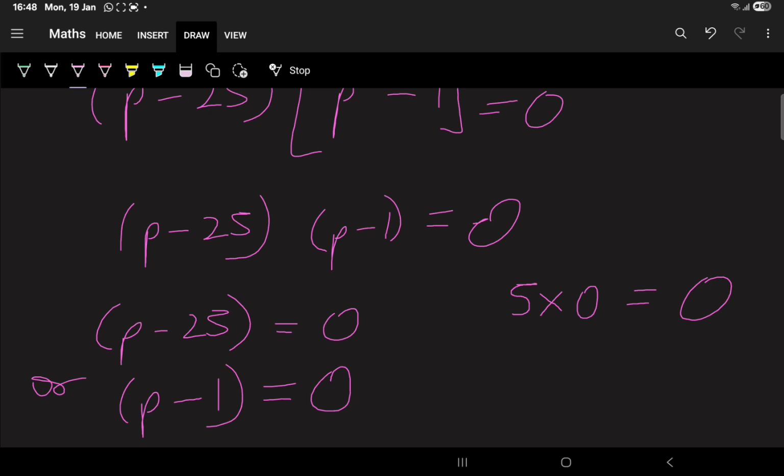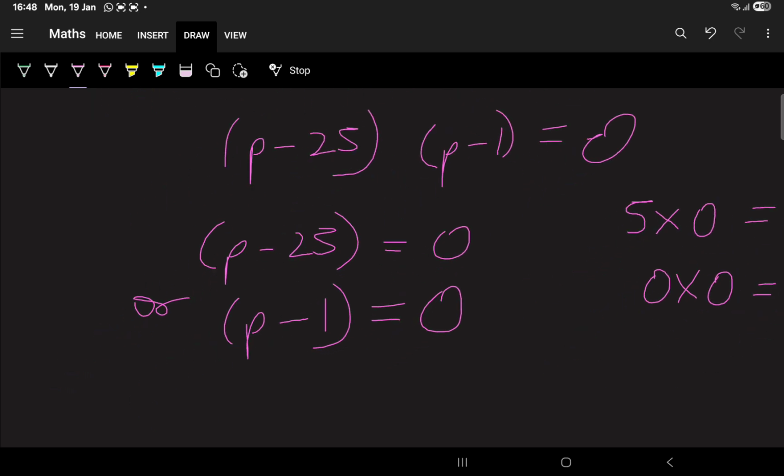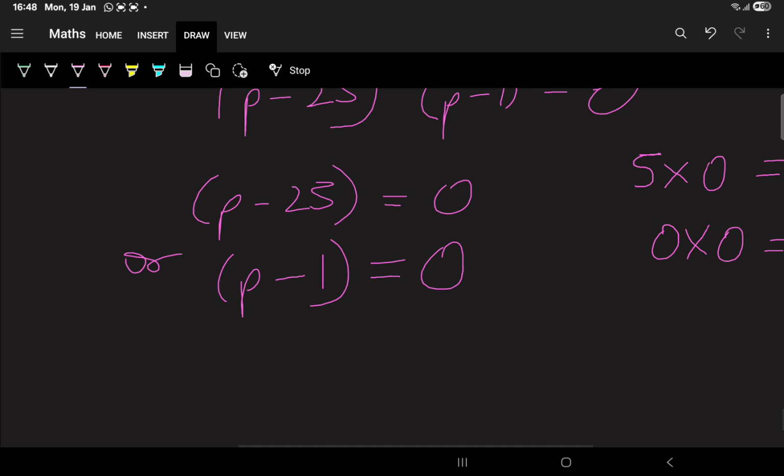So either one of the numbers being multiplied is 0, or both of them are 0. That's when they can equal 0. So my goal is to find which of the numbers is equivalent to 0.